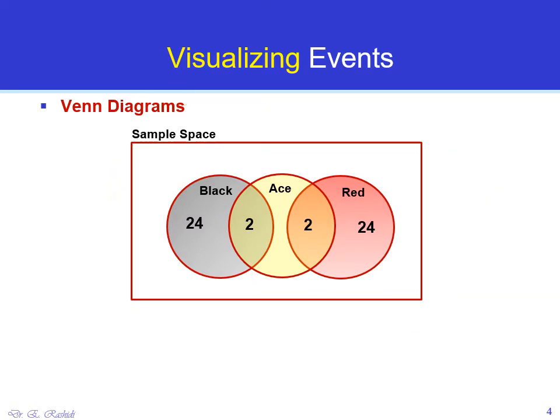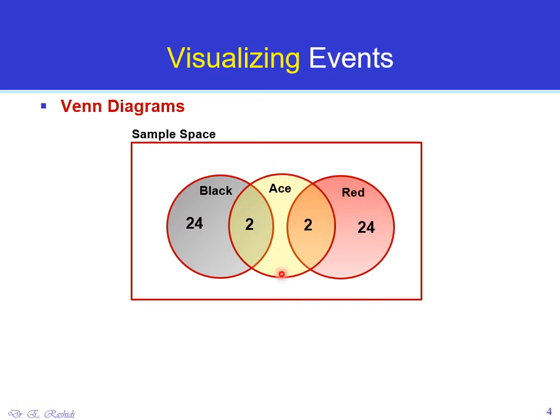And then inside it, we're going to plot the diagram of each event, such as black, ace, and red, by a circle that you see here. So for the black event that you see here, we have this circle. So we have 26 total black cards.